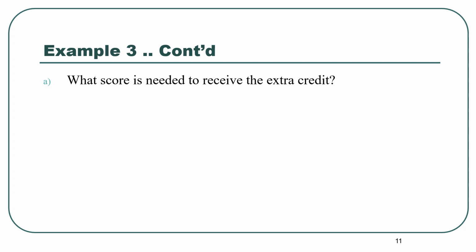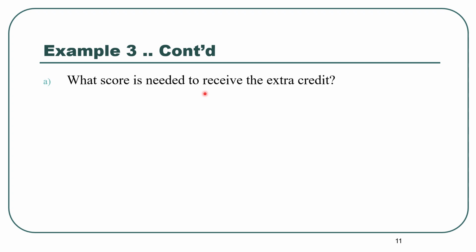So the question could be translated to: what is the 95th percentile? Because to be in the top 5% means my score will have underneath it 95% of the other scores.